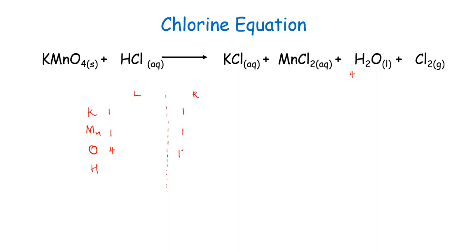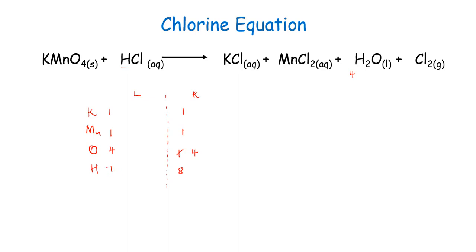Let me cross this out. So oxygen is balanced. Then we have hydrogen. This side we have 1, while this side hydrogen now we have 8. Initially we had 2, but now 2 times 4, which is 8.